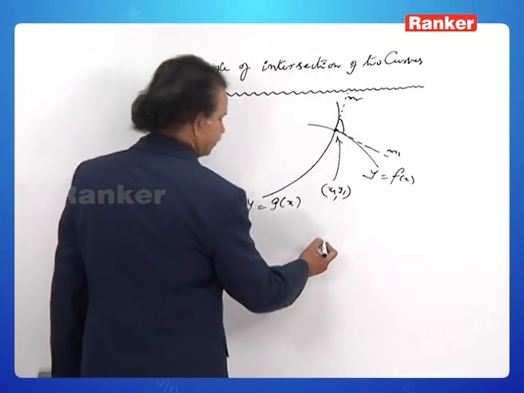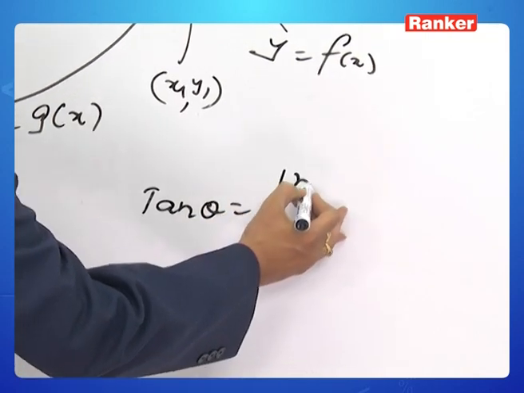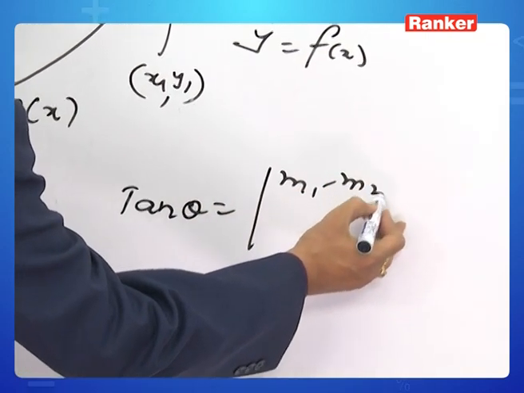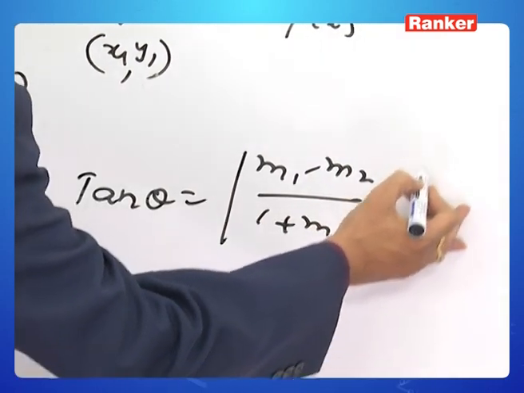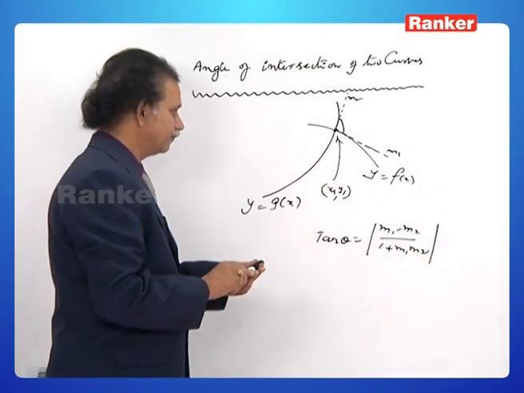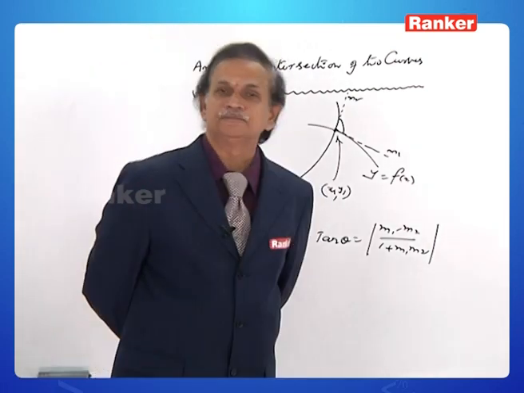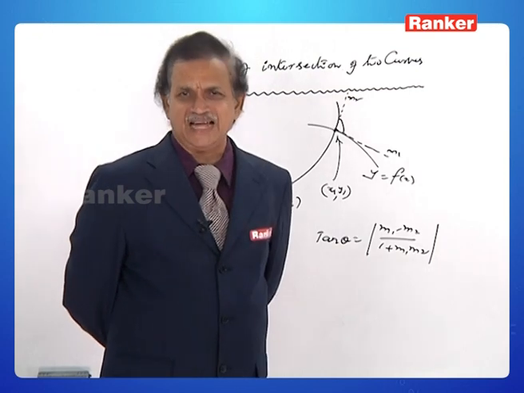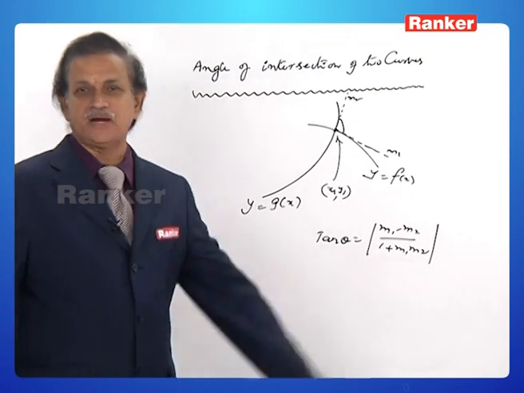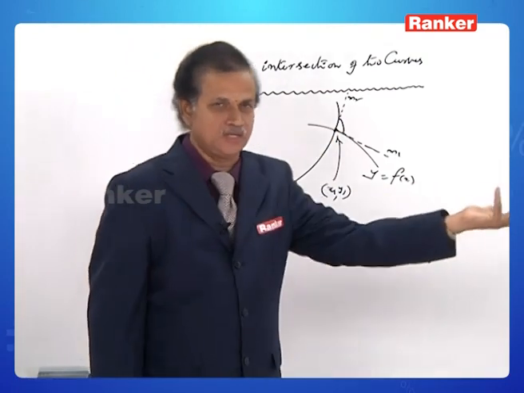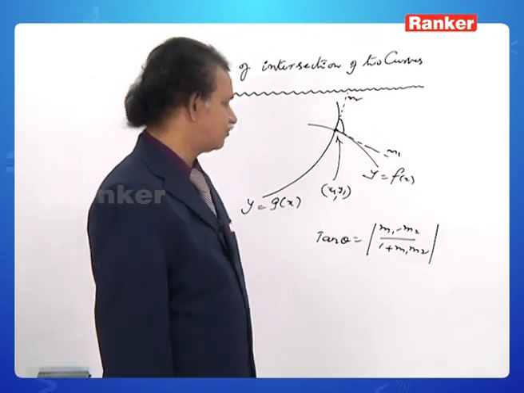From the knowledge of coordinate geometry, we recall that the angle between those two tangents drawn at one of the points of intersection, that is x1, y1, is given by tan theta is equal to m1 minus m2 by 1 plus m1 m2.